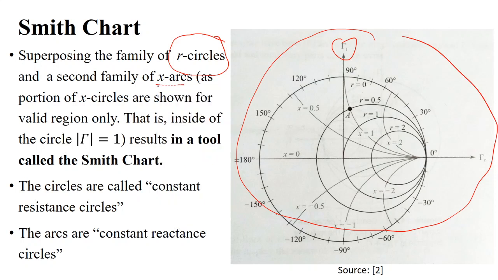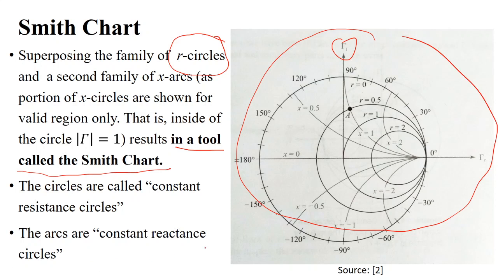This is the arc of the circles for a constant value of X. So portions of circles are shown. Now we will only focus inside the circle whose magnitude of gamma equals 1. So this becomes a tool called the Smith chart, and this is very useful. With this chart, we can calculate different parameters and understand this.